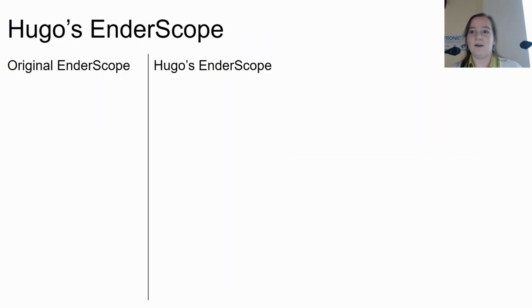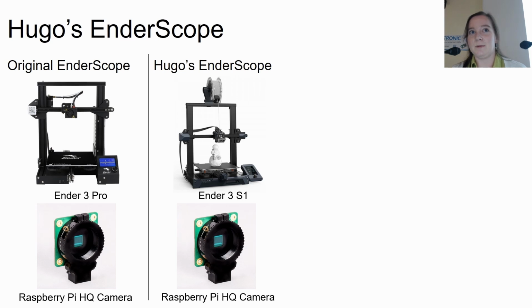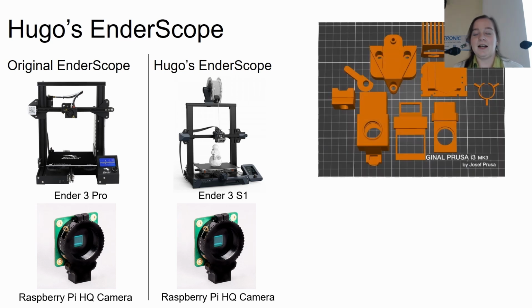And then for Hugo's EnderScope, he used a different 3D printer again, an Ender 3 S1, but the same Raspberry Pi camera, but created a whole set of new 3D printed parts that allow the EnderScope to be compatible with commercial fluorescence filters and beam splitters, which is fantastic, and that's the version that you can see outside later on.